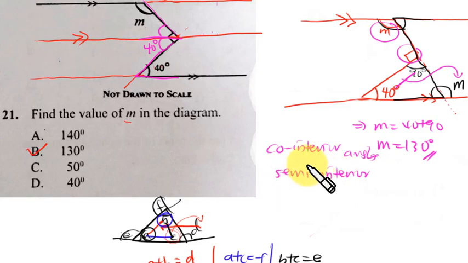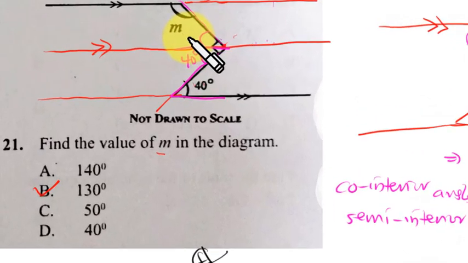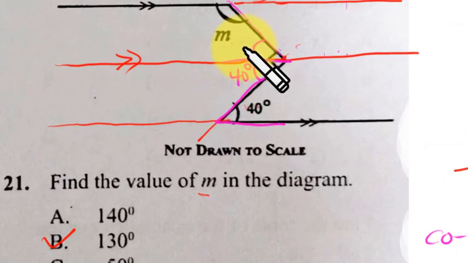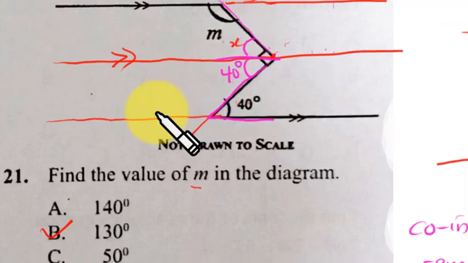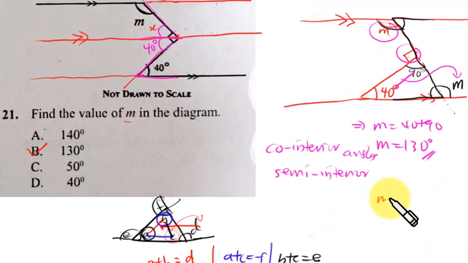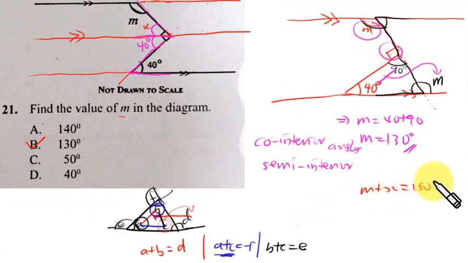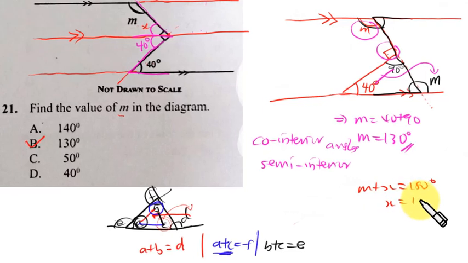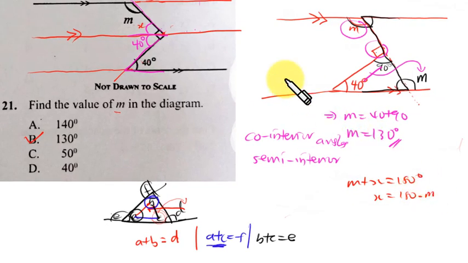Semi-interior angles or co-interior angles add up to 180 degrees. So that is to say that the angle here too is 90. Let's say if here was say x, then it means m plus x is 180 degrees. So that means x will be 180 minus m. So if I want the angle here, it is 180 minus m. If here is m, then here is 180 minus m.